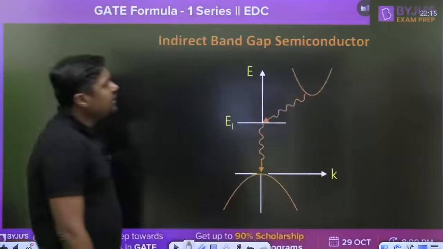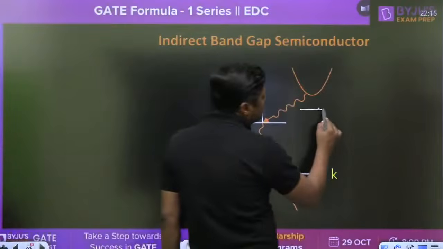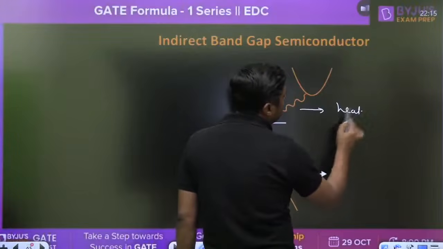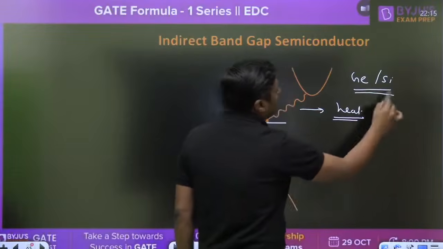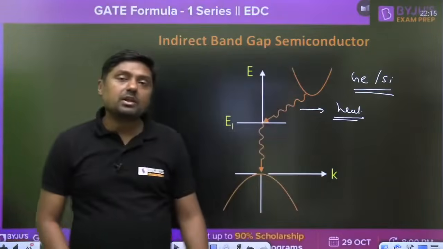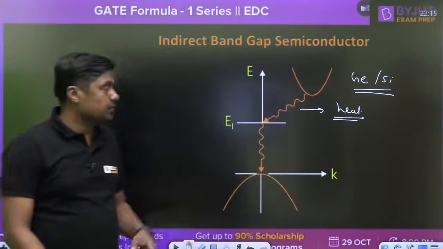Or in case of indirect band gap, when the electron switches, it will give the energy in the form of heat. For example, germanium and what? Silicon. That's why germanium and silicon are not used to fabricate LED, that is light emitting diode.